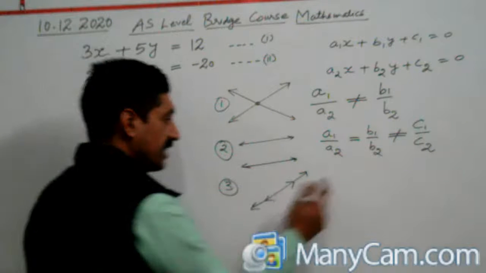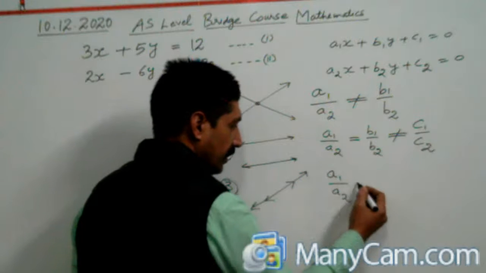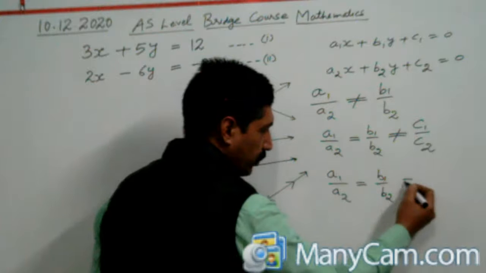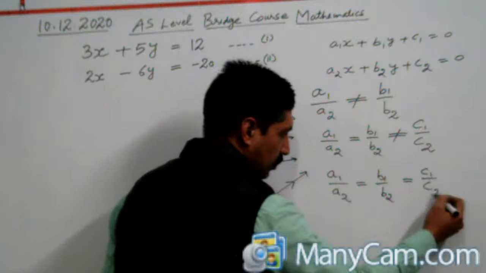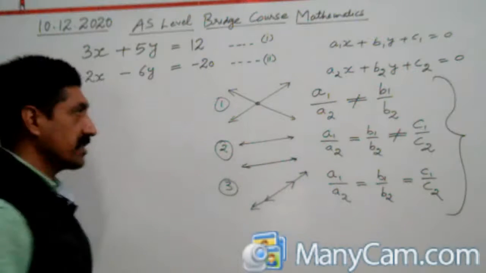In the third case, we have the condition a1 upon a2 is equal to b1 upon b2 is equal to c1 upon c2. These are the three conditions, and we will discuss them in detail.